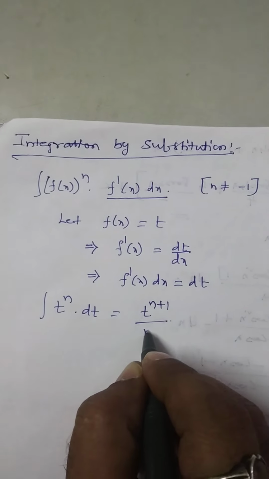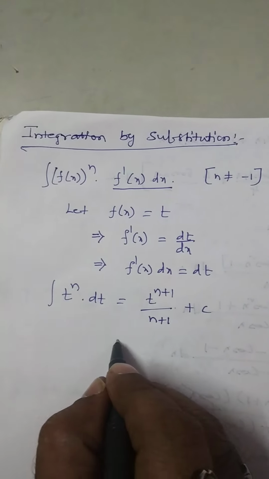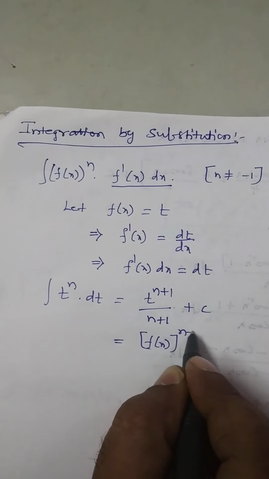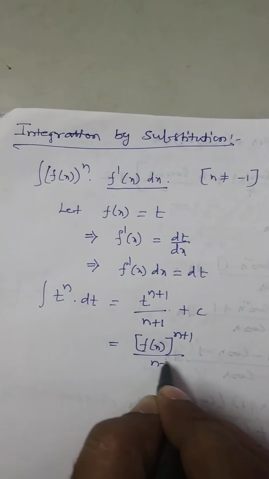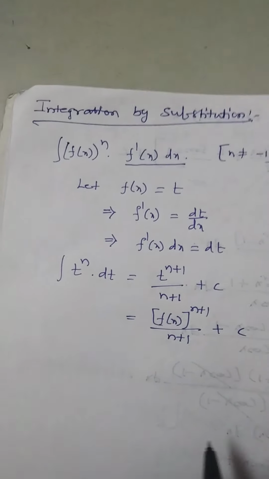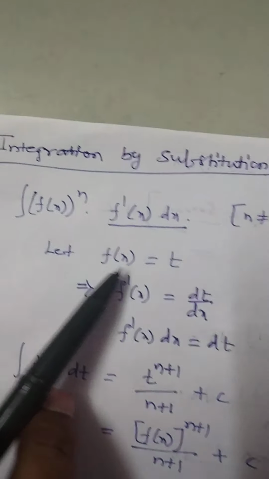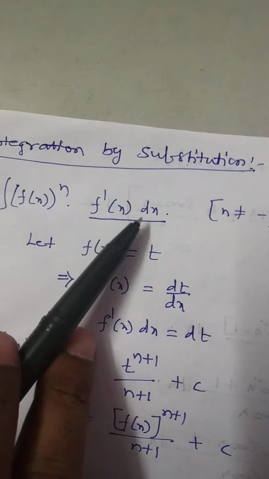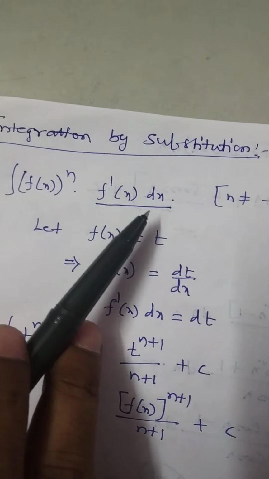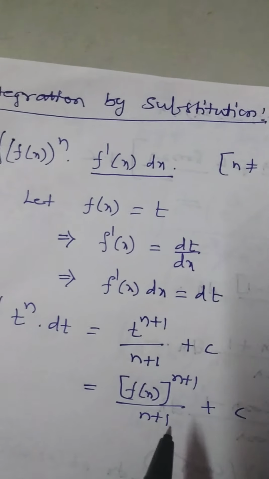So t power n plus 1 by n plus 1 plus c. What is t here? f of x. So f of x whole power n plus 1 by n plus 1 we can get here. Don't forget that whenever we are substituting f of x as t, this dx also should be changed in terms of t. Dx also every time should be changed in terms of t here.